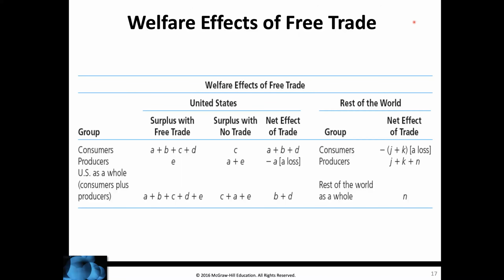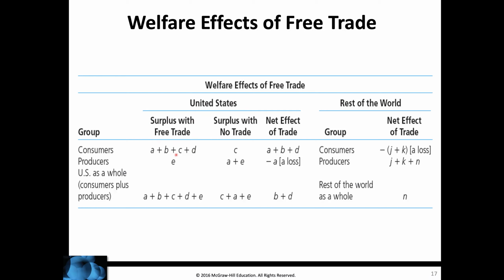Looking at just those areas on those graphs that we looked at, we can compare and see what is the total welfare effect of free trade. So let's first start by looking at United States. So here is our surplus with free trade. Consumers, as you can see, are the winners here.